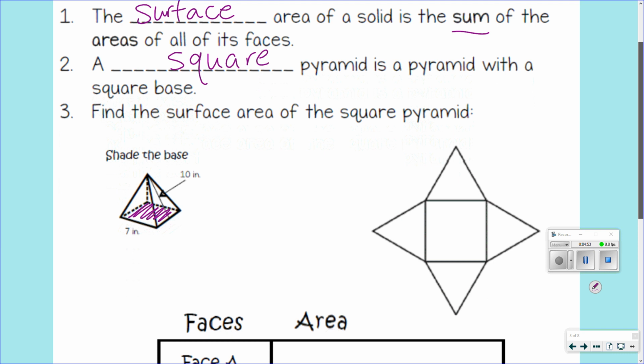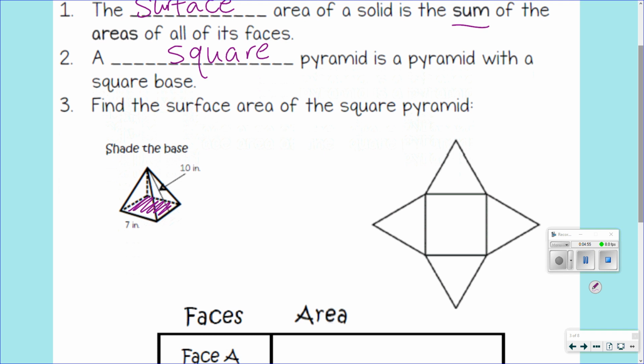Then, do you remember what this thing is called when it's all flattened out? Good, that's the net. Okay, we're going to shade the base. Bring the numbers over. So where does 7 go? 7 goes here, and it's a square base, so you know all of those are 7, correct?